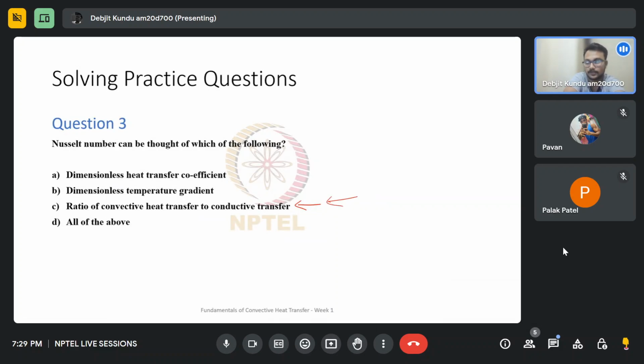So now let's have a look at the solution. The solution is actually option D, all of the above. Why? Let's go through each of them. First of all, option A says dimensionless heat transfer coefficient. So before dimensionless, what is the heat transfer coefficient? Can anyone tell me?